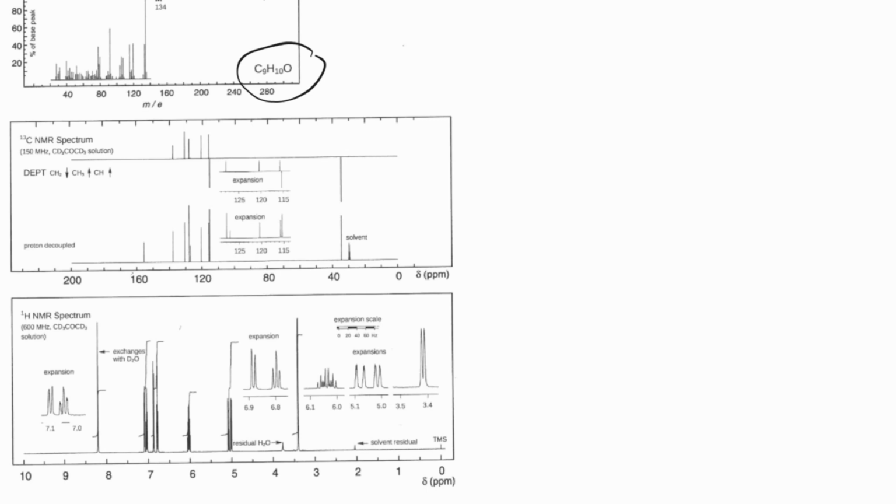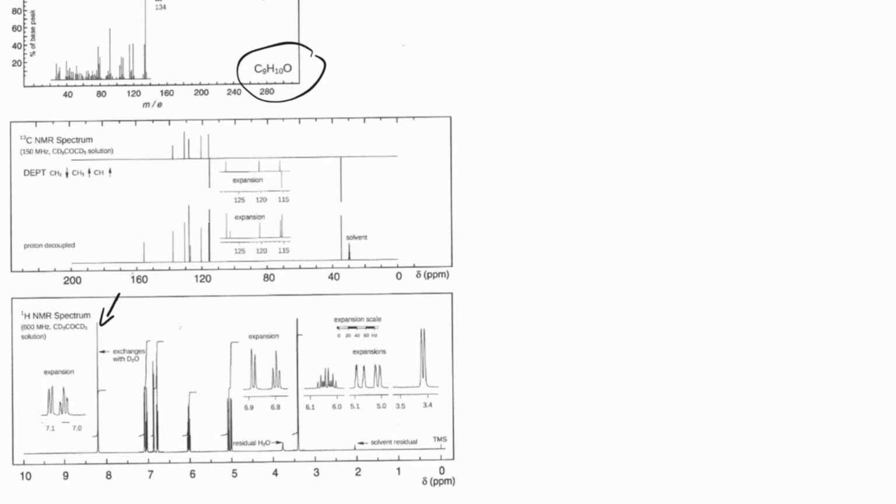I mentioned that I'm expecting to see an OH peak, and you can notice that for the peak that's slightly above 8 ppm in the 1H NMR spectrum, there is a note on it saying that it exchanges with D2O. This little tidbit tells us that this should be our OH peak.